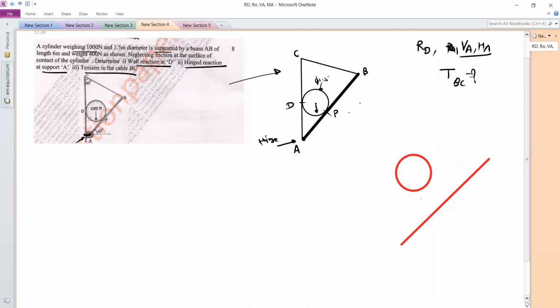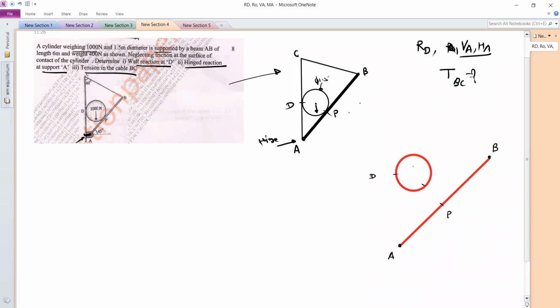Here we have drawn the separate diagrams for sphere and rod. This is the hinge point A, this is the point B, this is the contact point P, and this point is D.